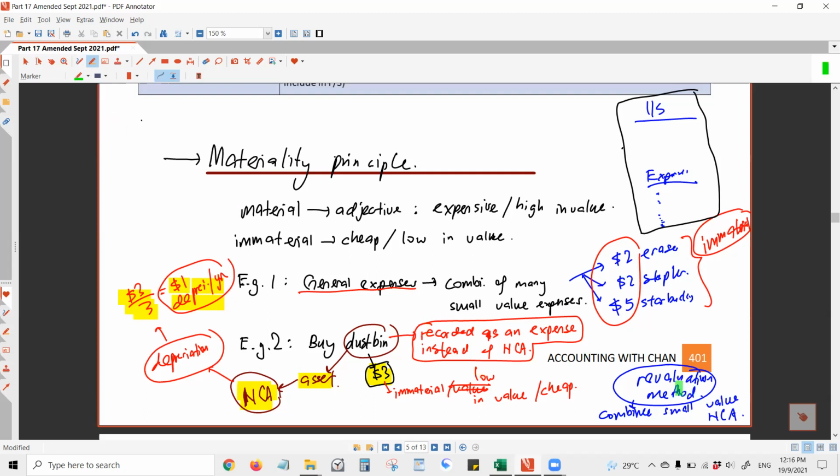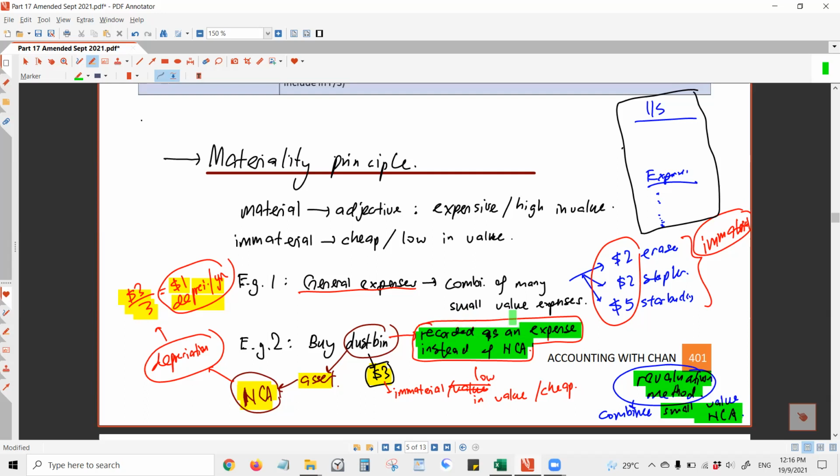One solution would be to use the revaluation method, because that depreciation method is meant for low value NCA. Another method will be to record it as an expense straight away instead of recording it as an NCA. That means you don't show this as an NCA in the SOFP.